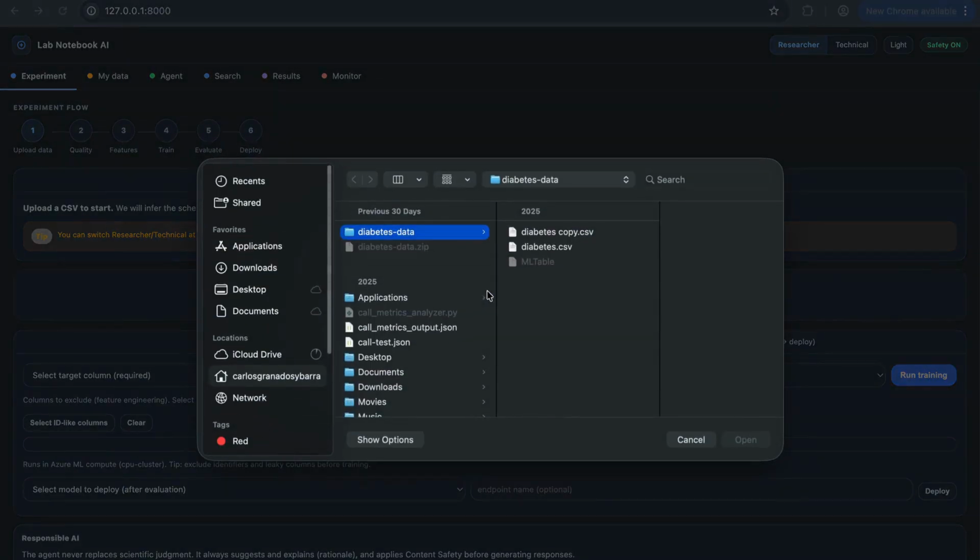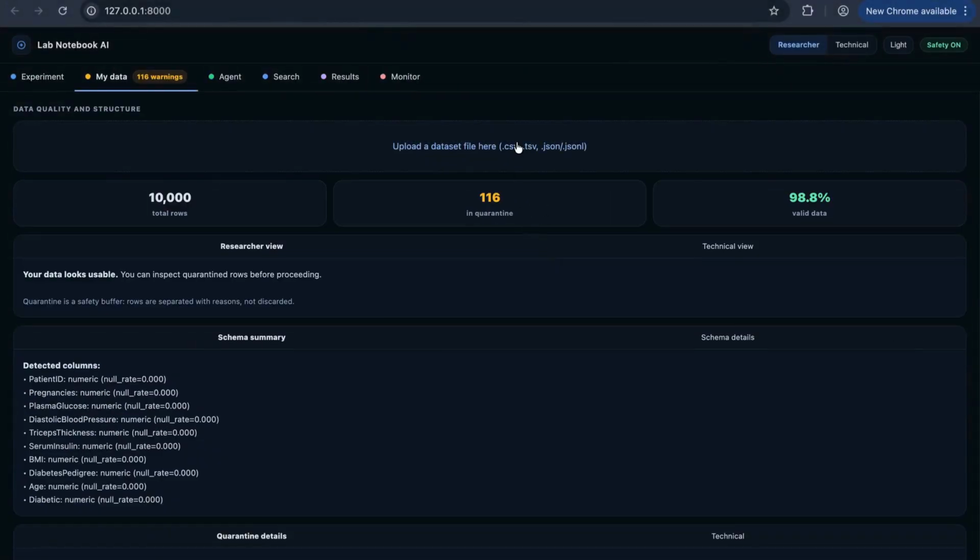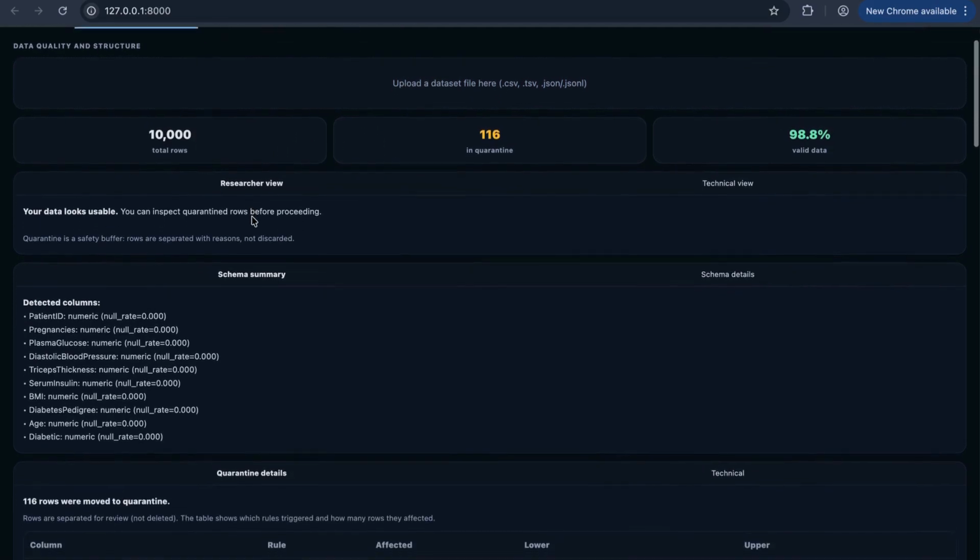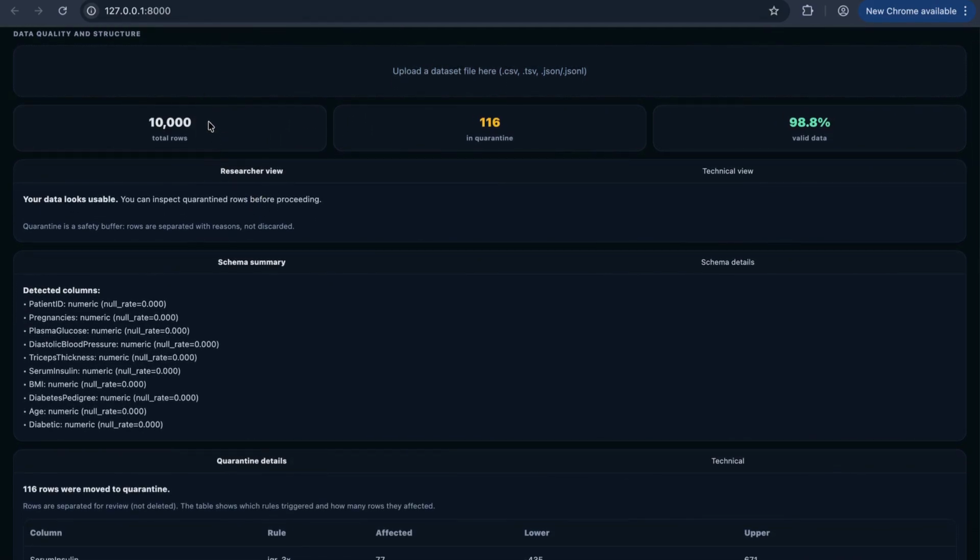We have this tab for experiments, so they can upload some data. In this case, you can upload the diabetes CSV. We can see some information from it, for example the total rows, and some rows that are in quarantine because they have some suspicious data, maybe because they're out of range.